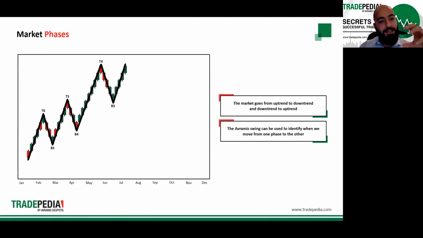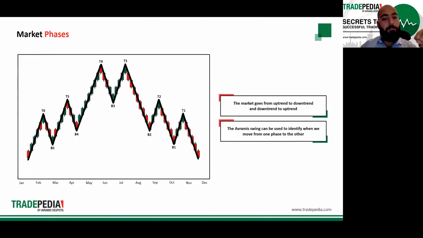Now, this indicator, the Avramis Swing Indicator, can be used to identify when the market moves from one phase to another. So, it's not only helping me identify the tops and the bottoms and the trends, but it is also helping me identify the trend reversals. So, it is helping me identify the end of one phase and the beginning of a new phase.